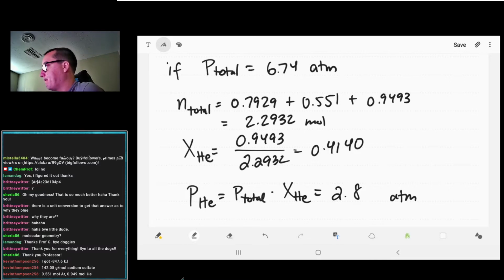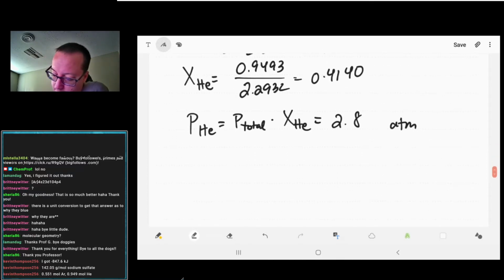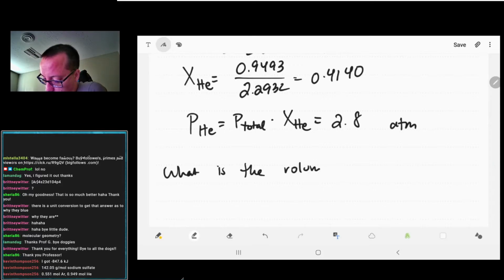Density. All right. I'm not sure if this is about density of a gas or density used as a conversion factor. So I guess we'll do both. What is the volume?